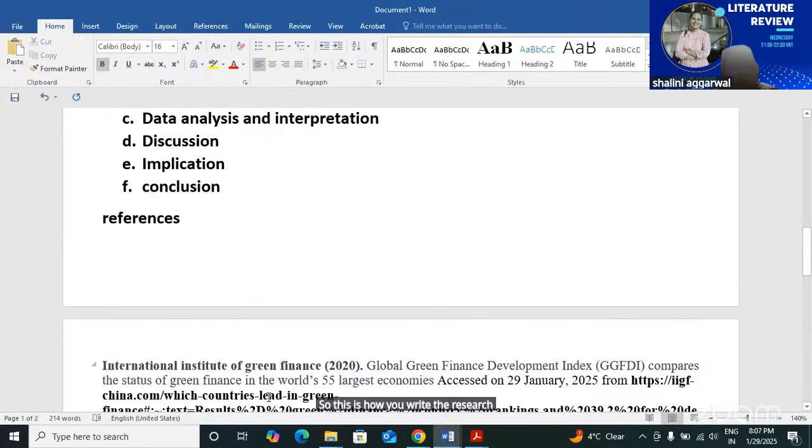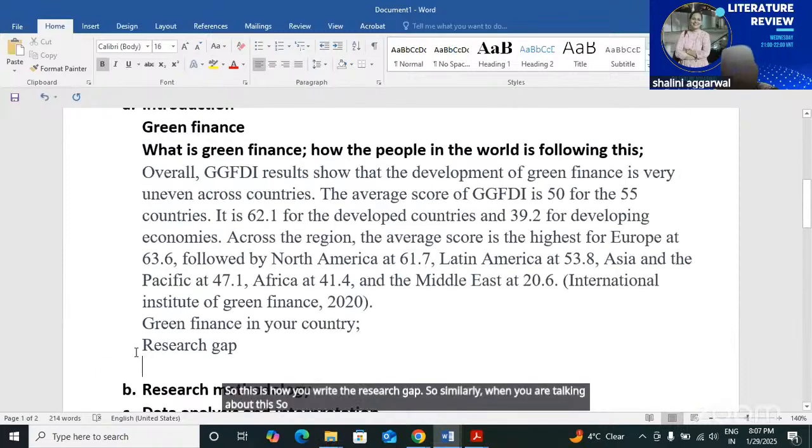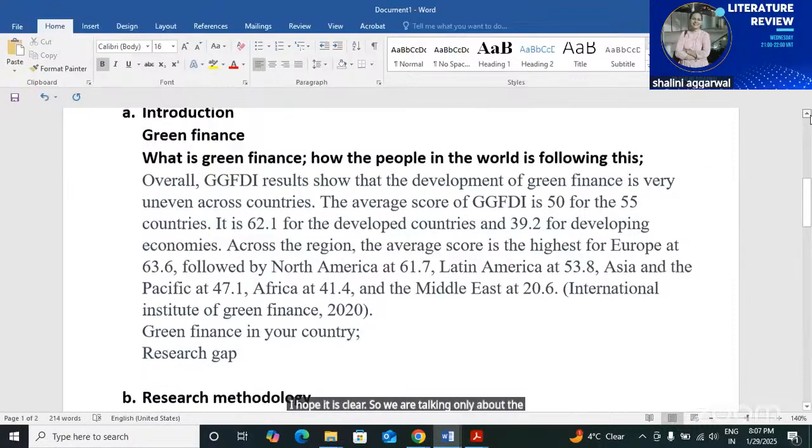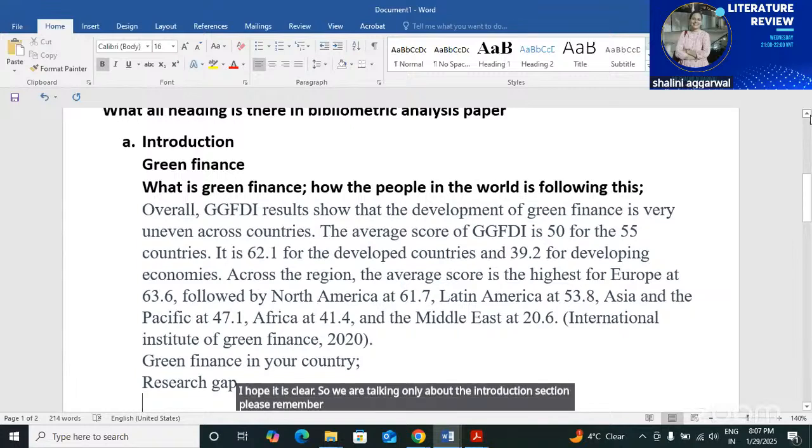So similarly, this is how you have to write the research gap over here. I hope it is clear. So we are talking only about the introduction section. Please remember, if you want your paper to be published in a very good journal, this much of things you have to put into your introduction, right?